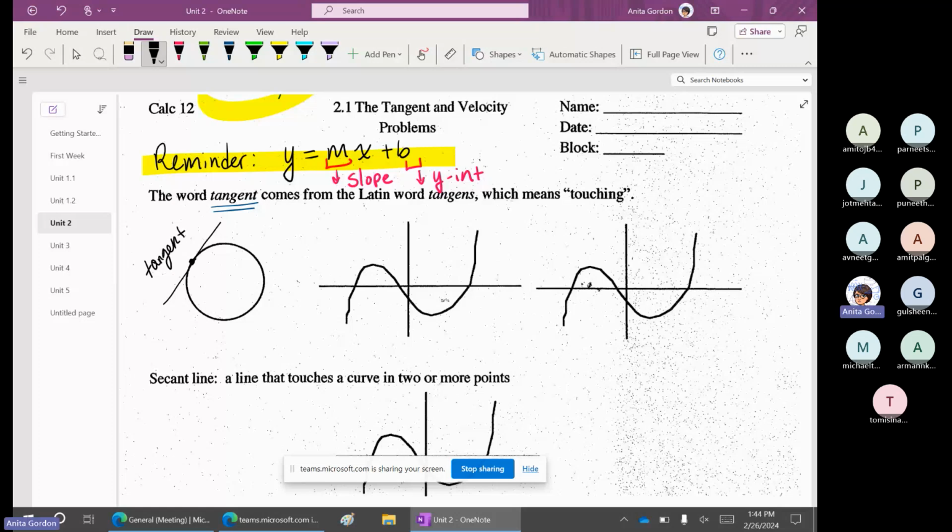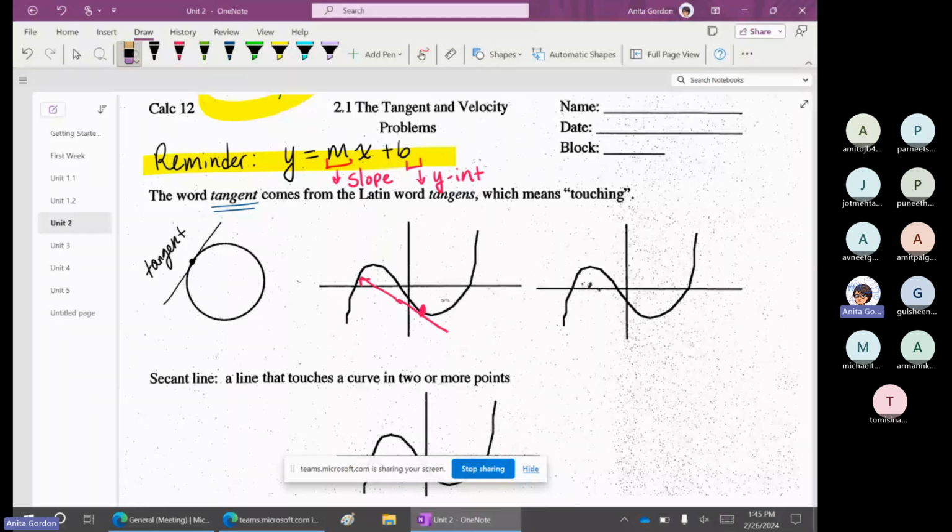Okay, on a graph such as a cubic, we run into a little bit of an issue because a cubic goes on and on forever in both directions. So if I say that my tangent line is going to be on this spot here, this is my tangent. If I draw my tangent too long, I'm going to run into this spot here.